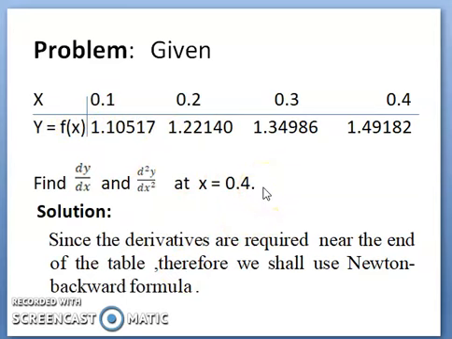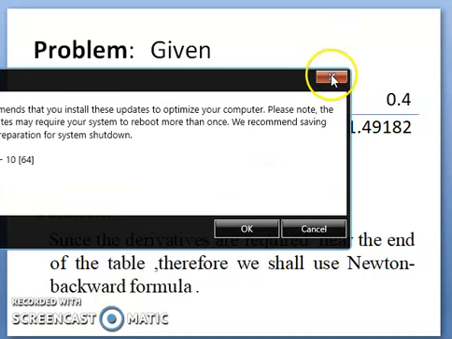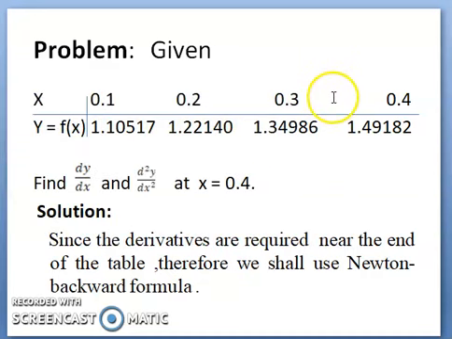When we are given values near the end of x, that means 0.4, 0.3, we use Newton's backward formula. So here, the value at x equal to 0.4, we use Newton's backward formula.